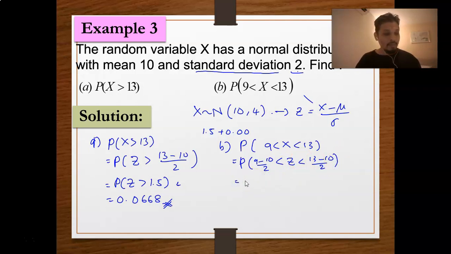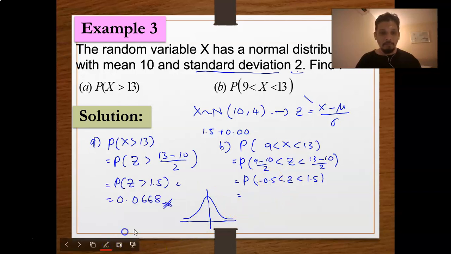Using a calculator, z lies in between negative 0.5 and 1.5.